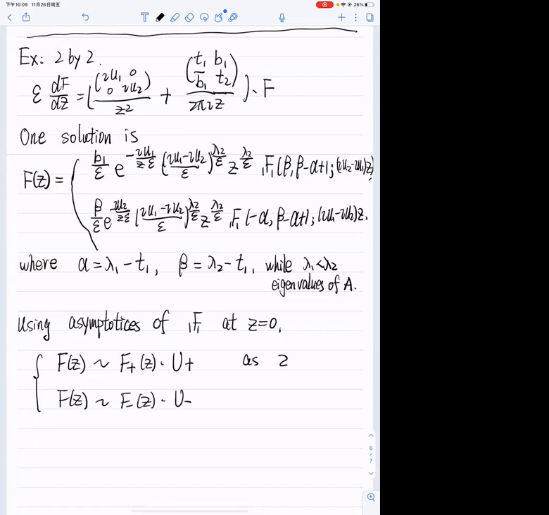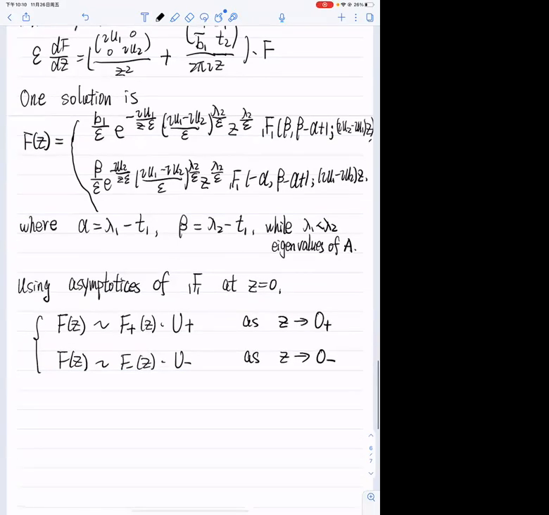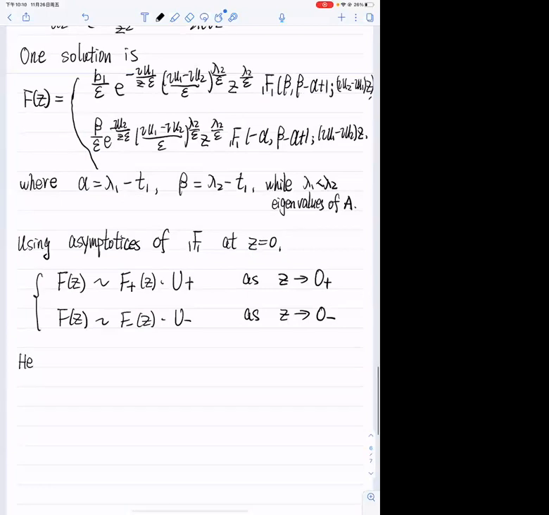Here, let me explain this F plus, F minus right now, from left or from right. Recall, in our case, since our system has a purely imaginary diagonal part, the rays are simply the differences of all the iota ui minus iota uj, right?